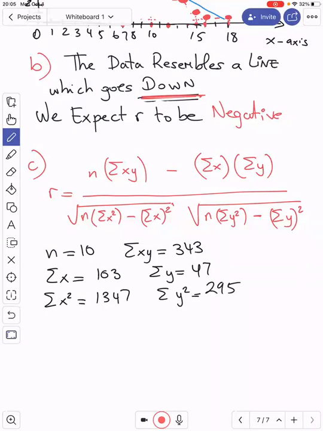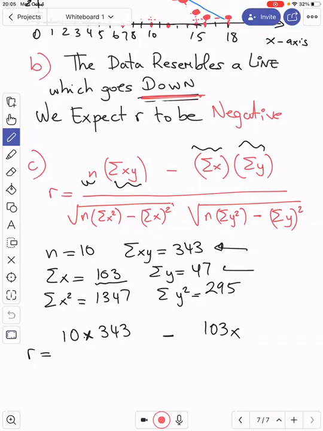Okay, so I need to plug all these numbers into the formula. In the top I have N, which is 10, times the sum of XY, that's 343, minus the sum of the X's, 103, times the sum of the Y's, 47. Over that, I have two square roots.